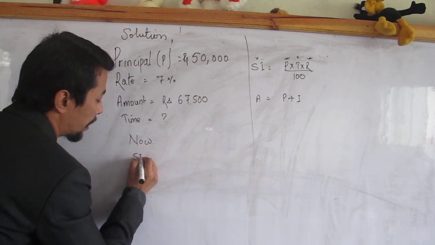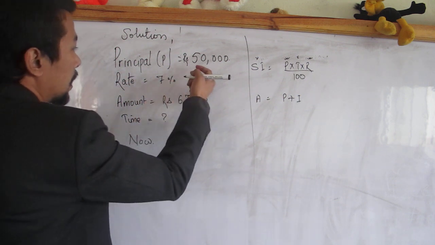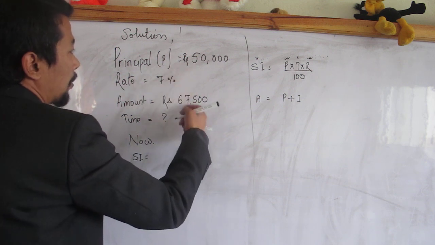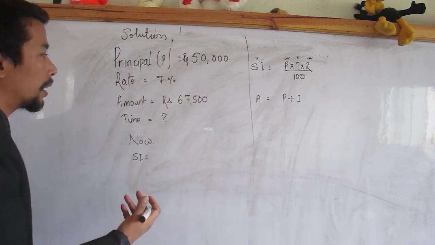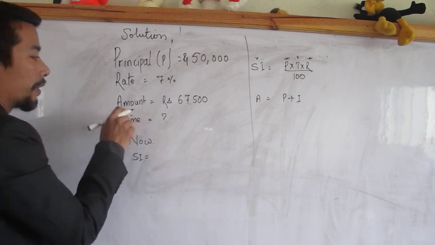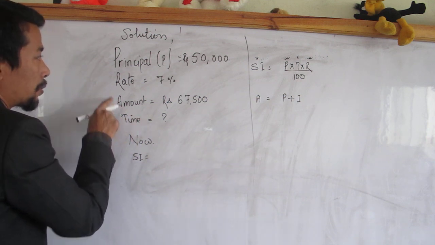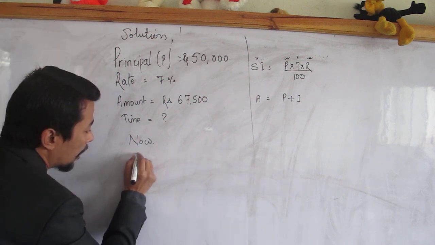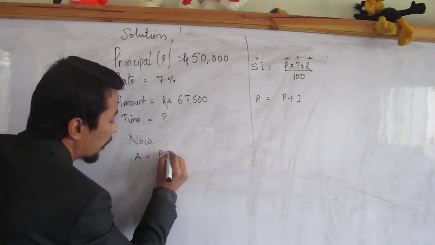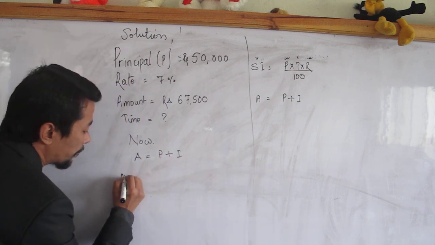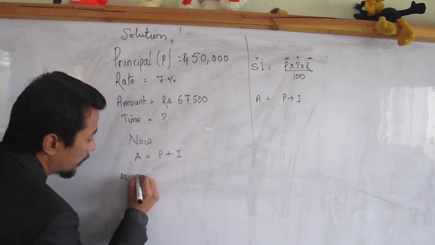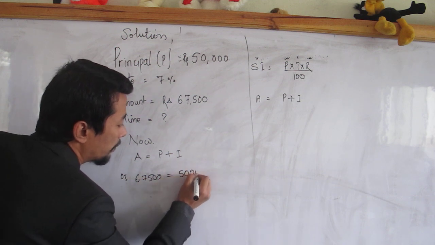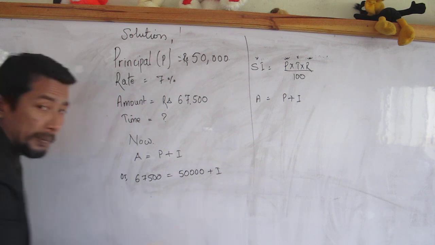Can we find simple interest using this given information? We have principal, we have rate, we have amount. Is there any relation with simple interest from these things? Yes, if you remember, amount is equal to principal and interest together. So amount 67,500 is equal to 50,000 plus interest.